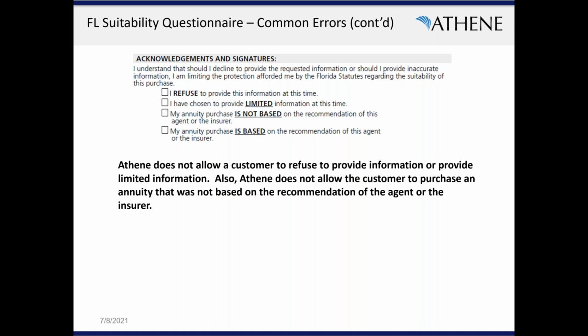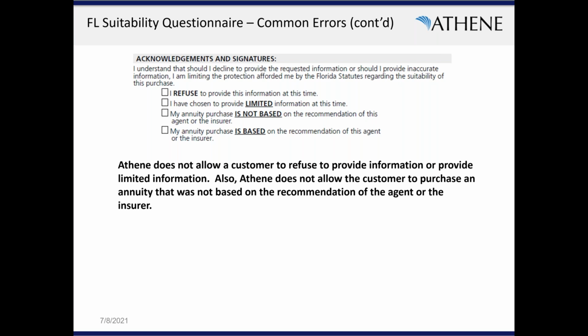Now, from an Athene perspective, there's only one acceptable answer. Athene does not allow a customer to refuse to provide information or provide limited information. Also, Athene does not allow the customer to purchase an annuity that was not based on the recommendation of the agent or the insurer.